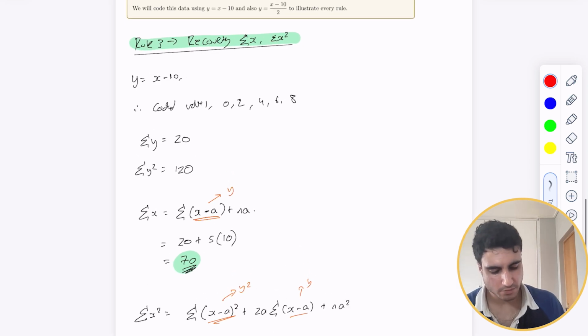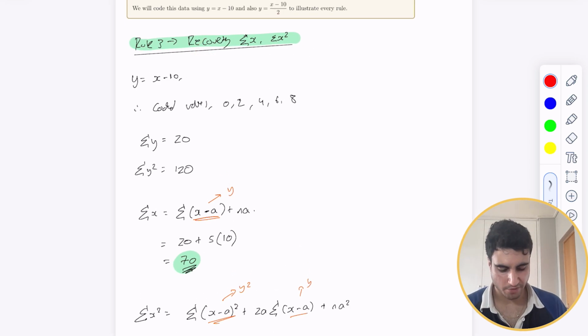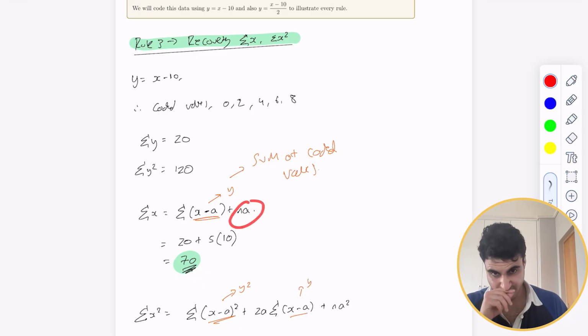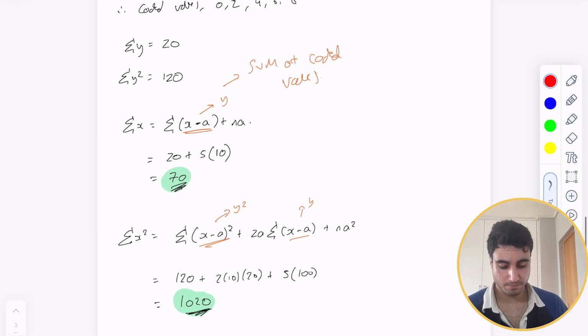So again, to recover the sum of x squared, we know that the sum of x is equal to the sum of the coded values, plus na. Okay, number of values times constant.